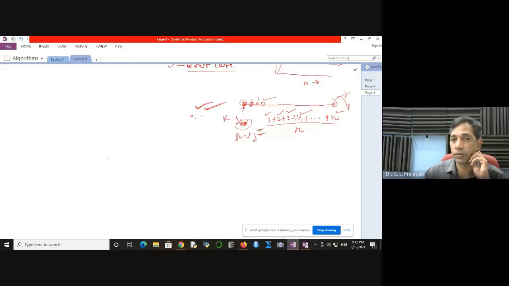Most of the time we say the storage requirement of the algorithm is the same, but the time may be different. So when somebody says present the analysis of the algorithm, generally we present the computation time of the algorithm.